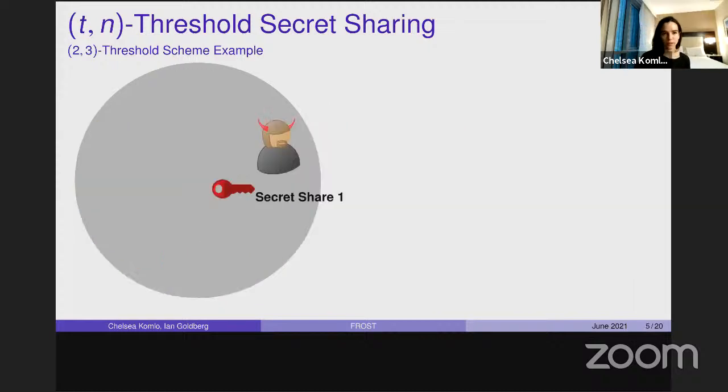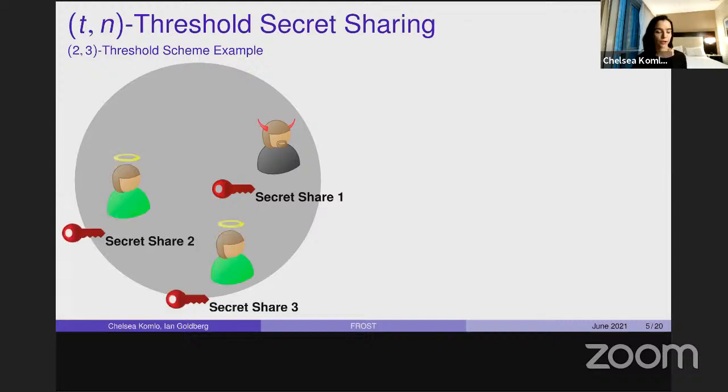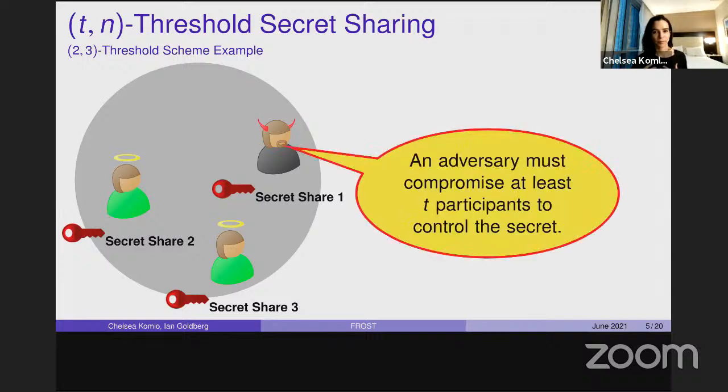Again, looking at our example, let's say we have a secret share and participant 1 becomes malicious. However, we still have participants 2 and 3 and they're still honest. Here we can see that an adversary, even though they've corrupted participant 1, still has to corrupt another participant in order to use that secret.